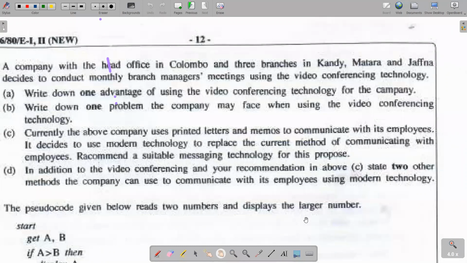Then write down one problem the company may face when using video conferencing technology. If the internet connection is not stable, communication will not happen properly.